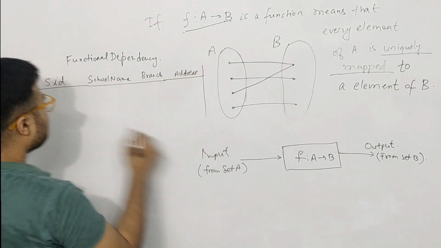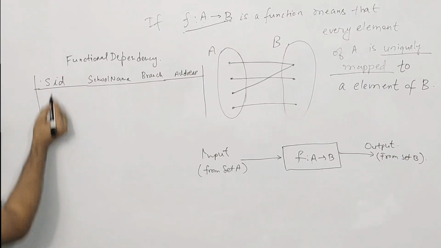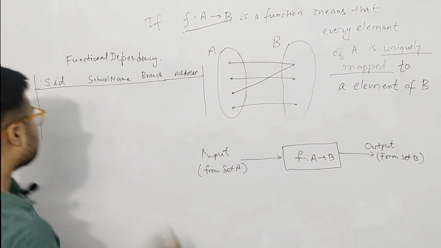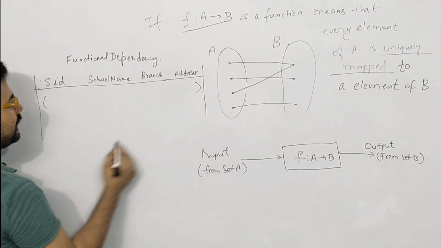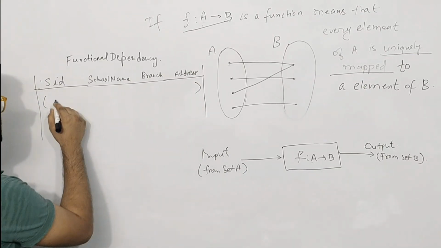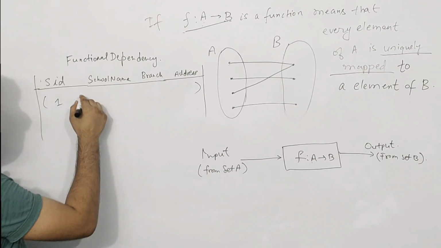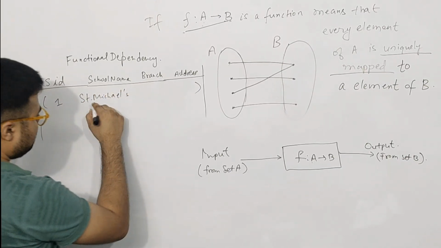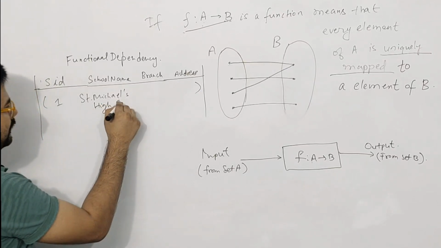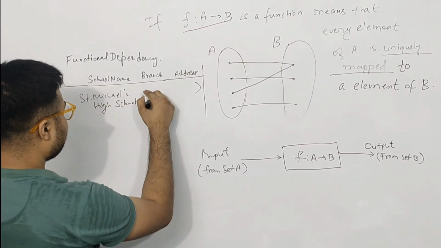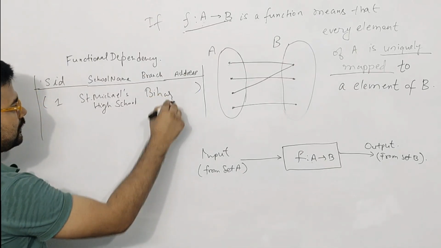For every school there will be a record. So one record will contain information about every school: its serial ID, let's say 1, school name, let's say St. Michael's High School, and the branch, let's say Bihar branch.